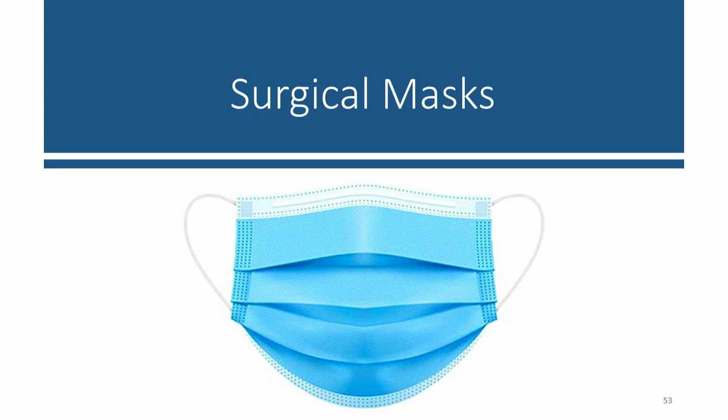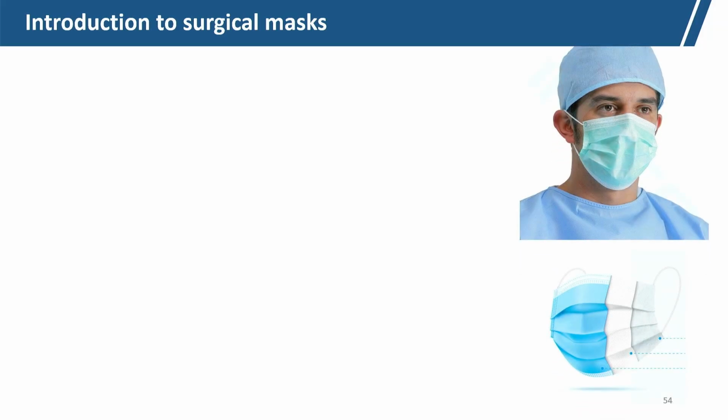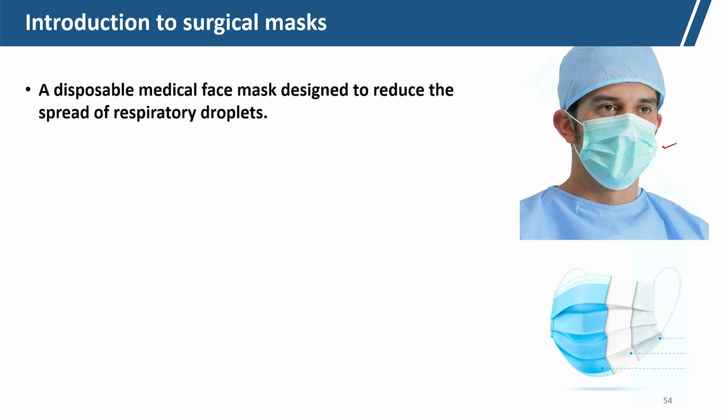Now, the surgical mask is also one variant of mask. So, apart from N95, this is the surgical mask, and it does not have the same stringent requirements as N95. It is a disposable face mask designed to reduce the spread of respiratory droplets.